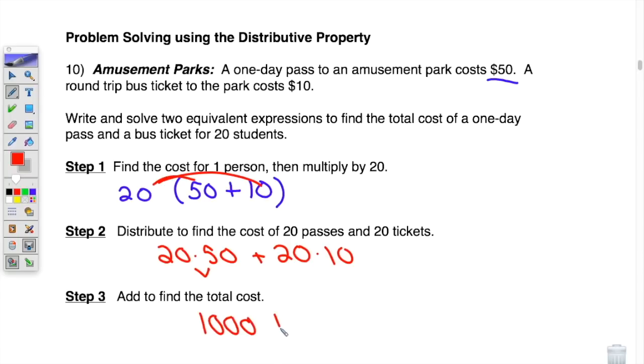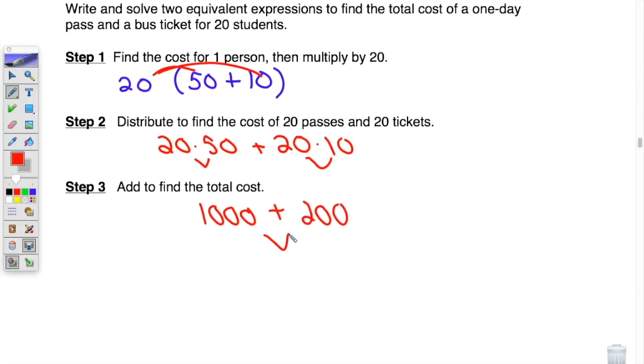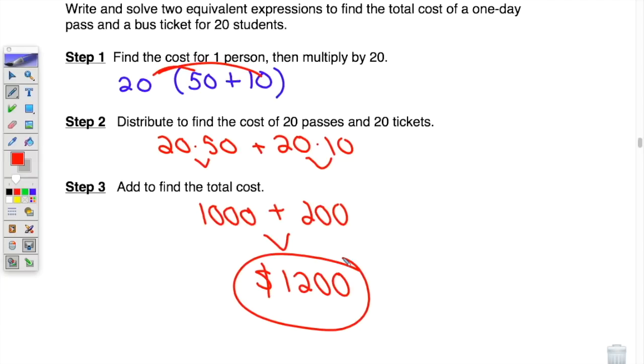That's how much it costs to get into the park for 20 students. 20 times 10 is 200. That's how much the bus ticket would cost for 20 students. Add those two together, your final answer is 1,200. That's what the trip would cost for 20 students to go to an amusement park and ride the bus.